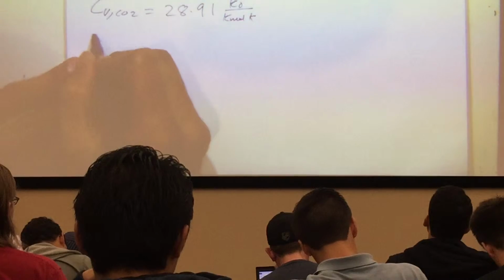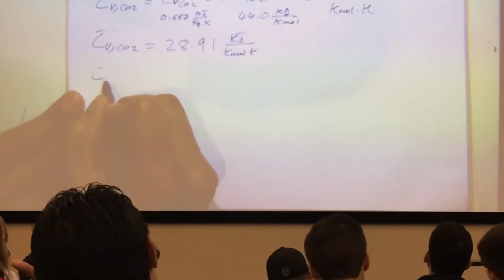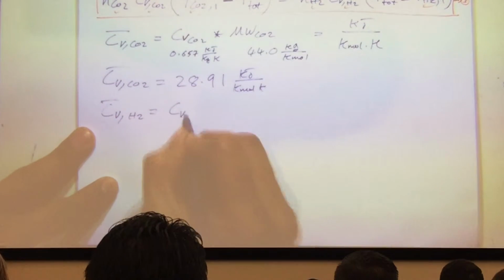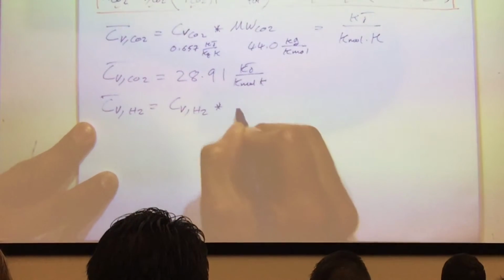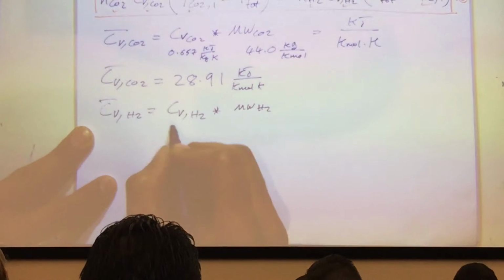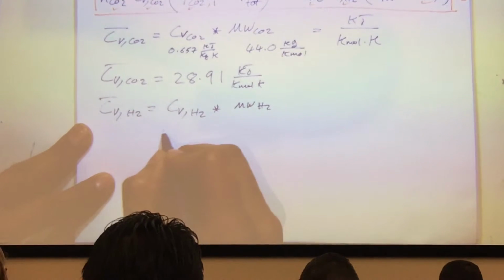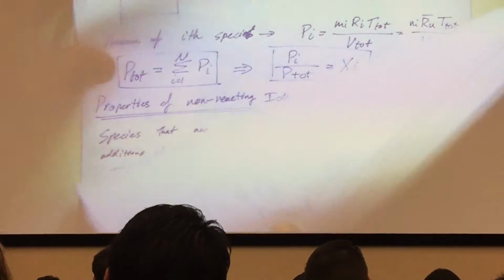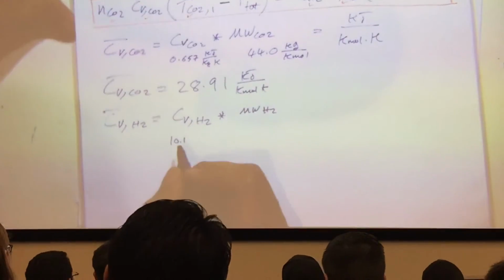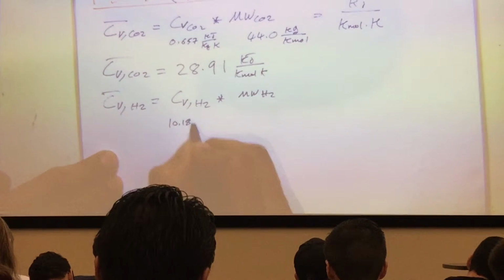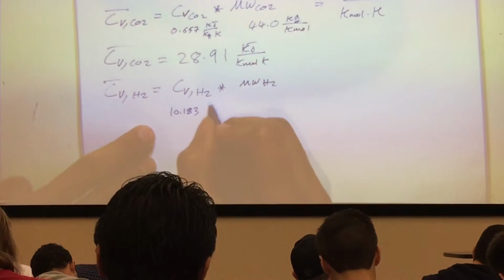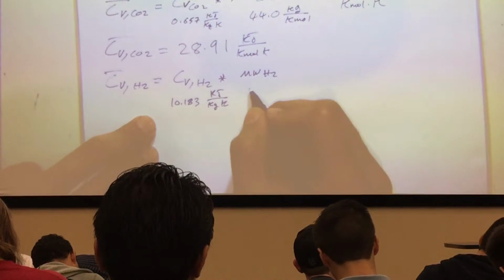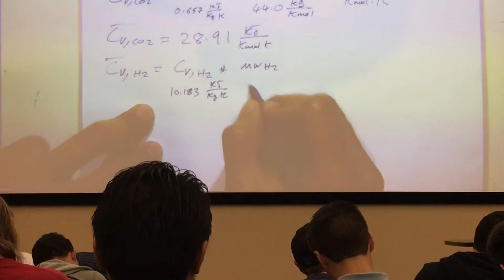And the same thing I could apply for CV for hydrogen. It's equal to CV of hydrogen multiplied by the molecular weight of hydrogen. Now CV for hydrogen is 10.2183, in terms of kilojoules per kilogram Kelvin, multiplied by the molecular weight for hydrogen.